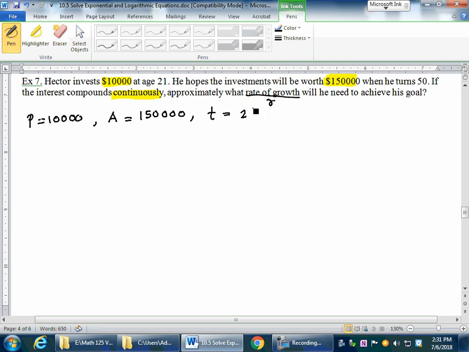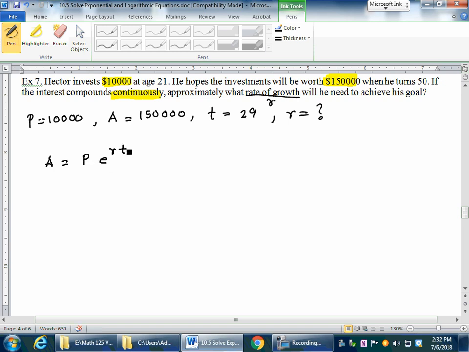What we don't know is the interest rate that they require. So that's the problem. For compounded continuous interest, we know that the formula is A equal to P times e to the RT.